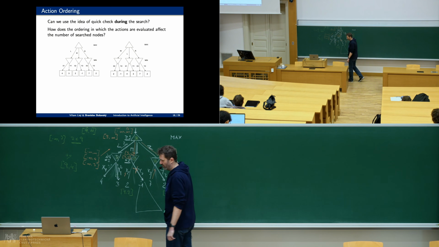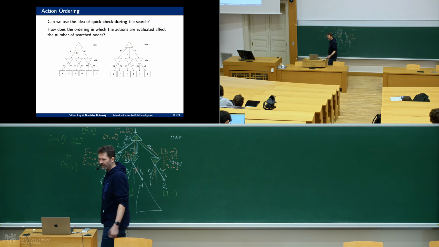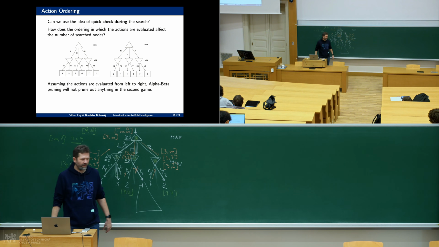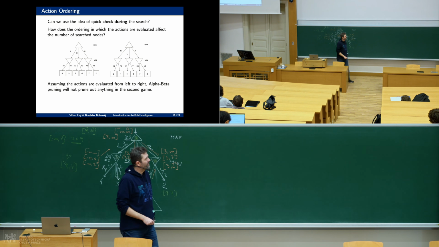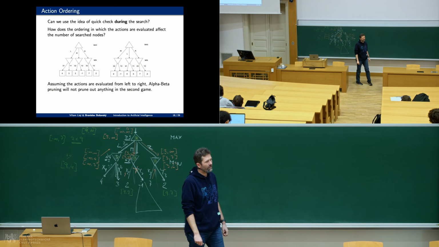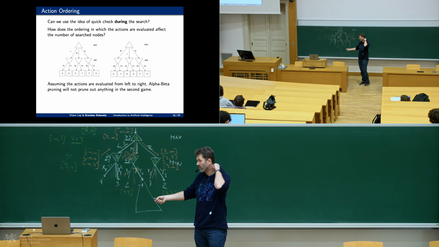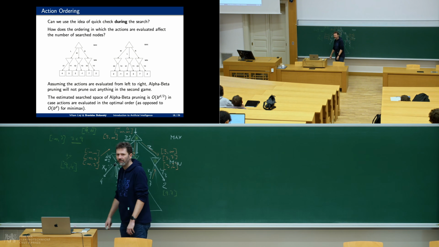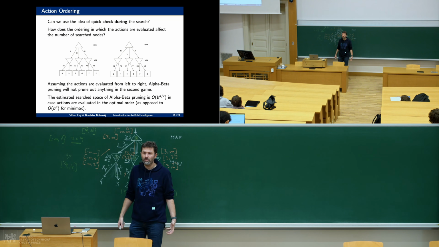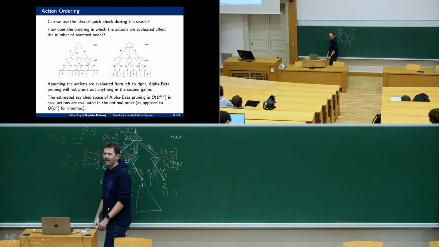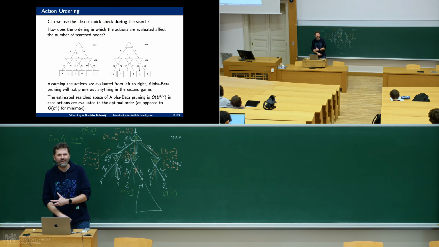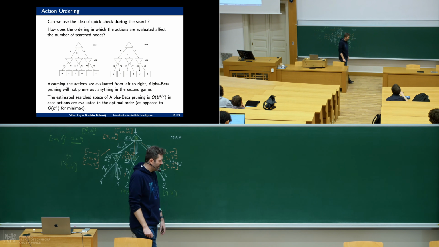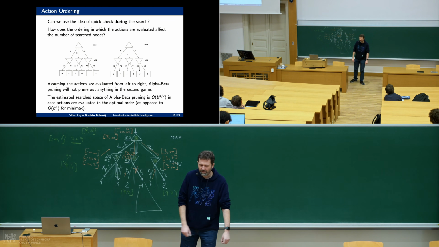alpha beta pruning. So the one difference, just the ordering, can cause the difference whether the algorithm will actually prune some nodes or not. And in general, in the worst case, alpha beta pruning will not prune anything. So if you have completely incorrect or opposite ordering of the actions, then alpha beta will not prune anything.